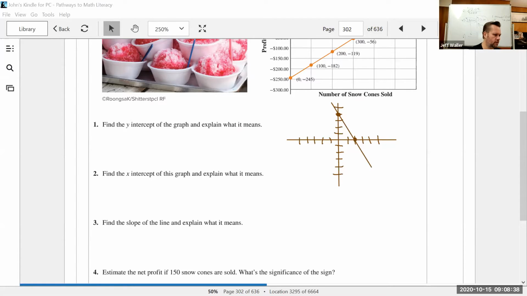All right. So find the intercepts. Please zoom, don't kick me out. Intercepts. And the slope. If I could just spell, it'd be so much easier.